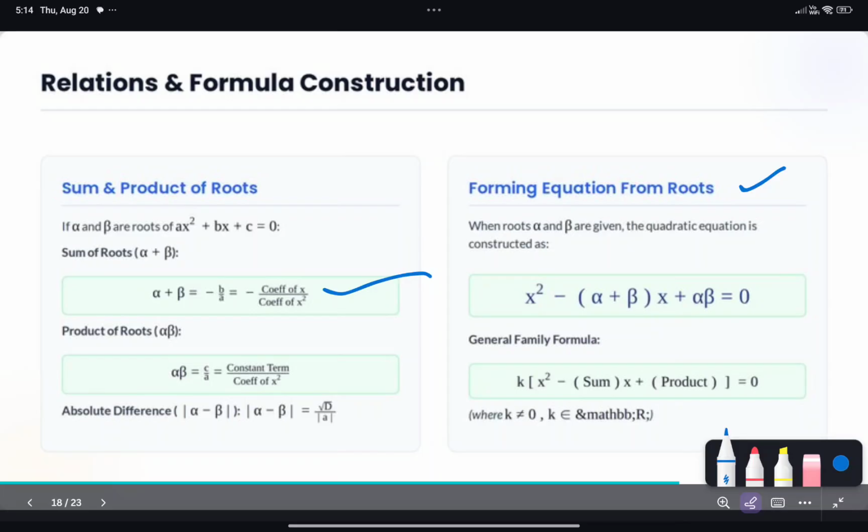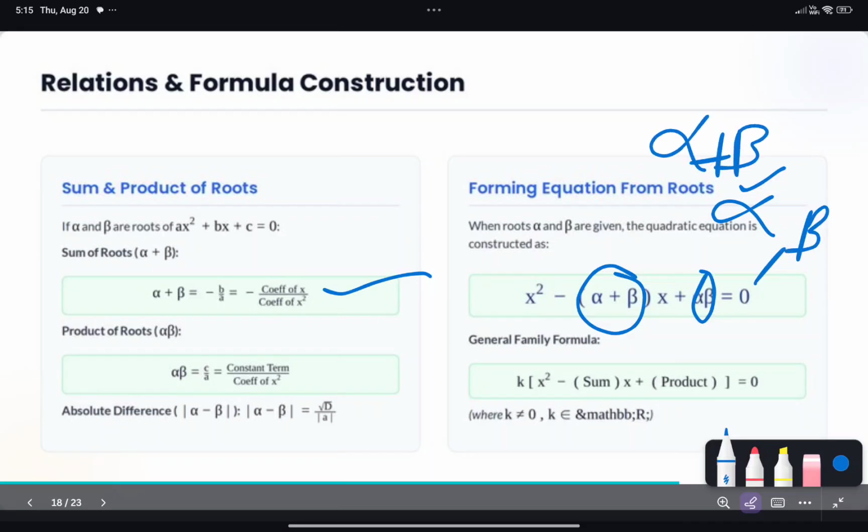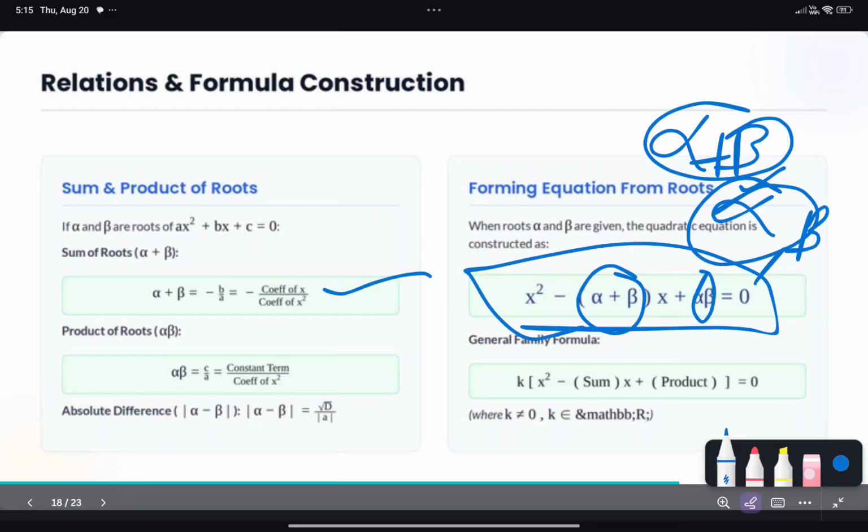Clear? This is the sum of the zeros, and this is the product of the zeros. If they give them individually, no problem. If they give them as a sum and product, there is no problem either. Just substitute those values in this formula, then you'll get it.